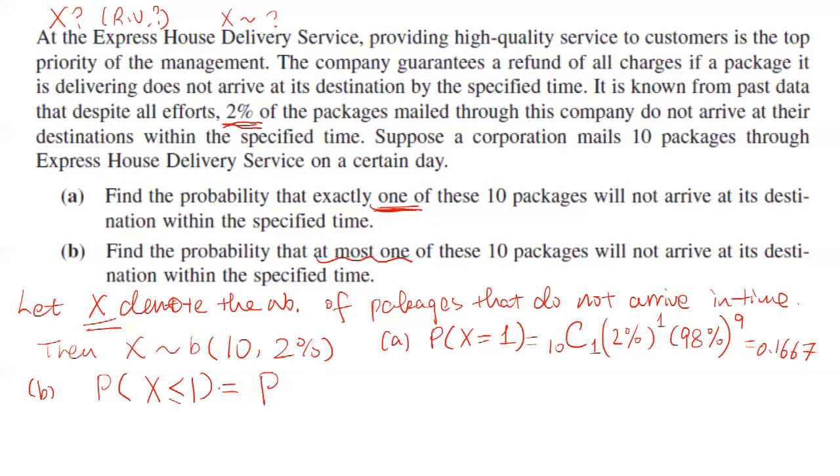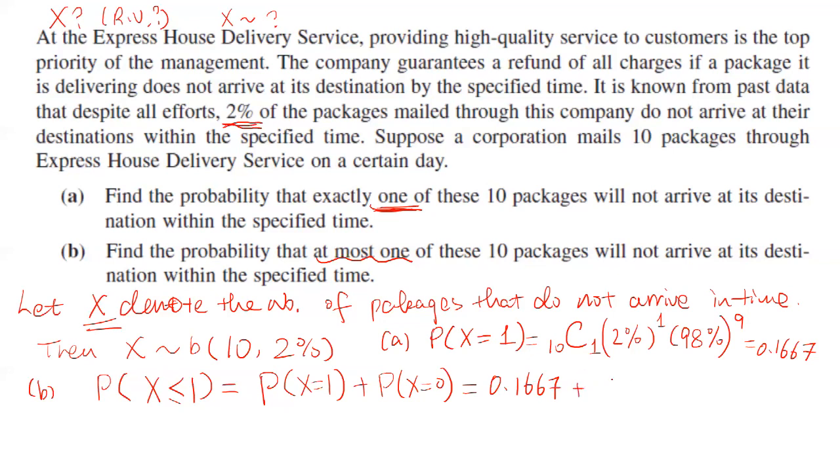Okay, that means the probability of this event is actually two parts. The first part is X being 1, right? The second part is X being 0. We have already known that the probability of X being 1 is 0.1667.